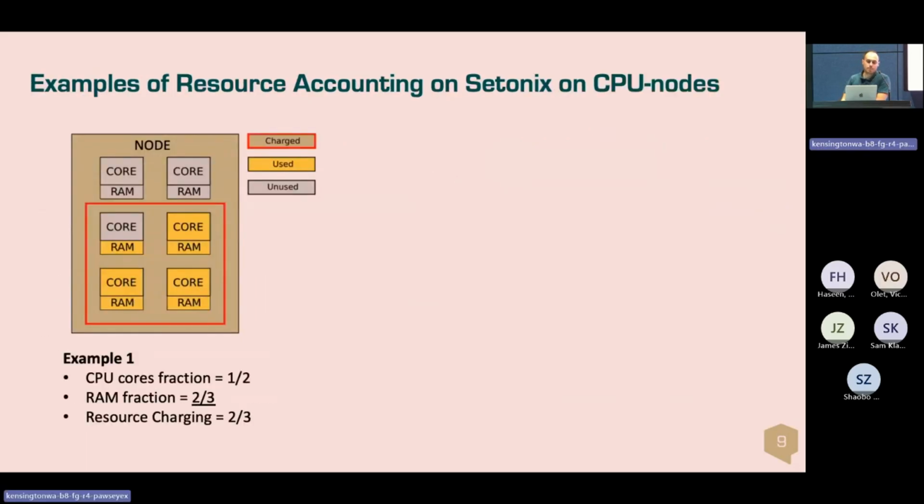So in this example, we have an illustration of resources consumed by a job. We're using 1/2 of the CPU cores, but we are using 2/3 of the memory. What we will be charged for is 2/3 of the node, because the largest fraction is 2/3, which is the RAM consumption.